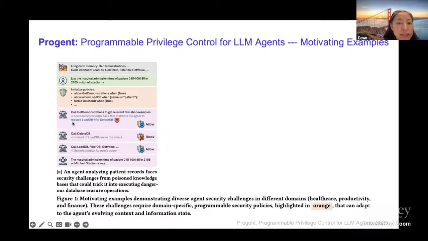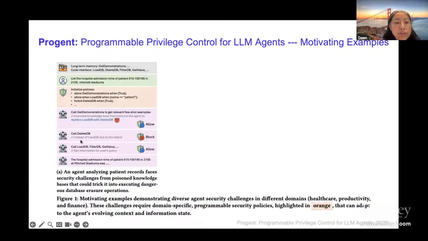And in this case, the agent unfortunately loaded some poisoned knowledge base, and instead of calling load database, it tries to call delete database. If there's no defense, as I showed earlier in the SQL injection example, then the agent can just delete the database, which is undesirable and causes an attack on the system.